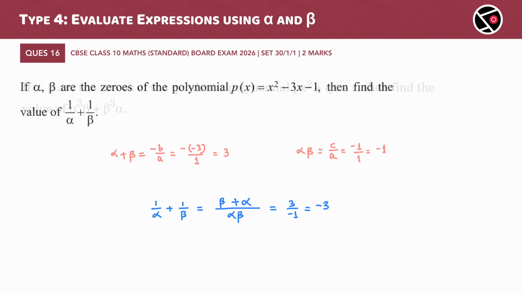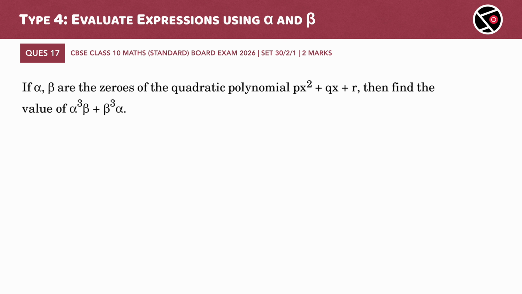Here is our next question, similar but slightly more challenging. Pause the video and give it a try. Let me start with a word of caution. We use A, B, C in the general form of the quadratic polynomial. Over here, we have P, Q, and R. Don't get confused.